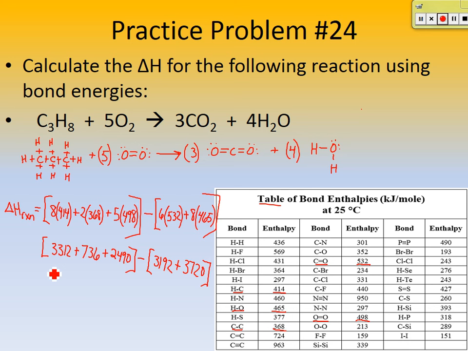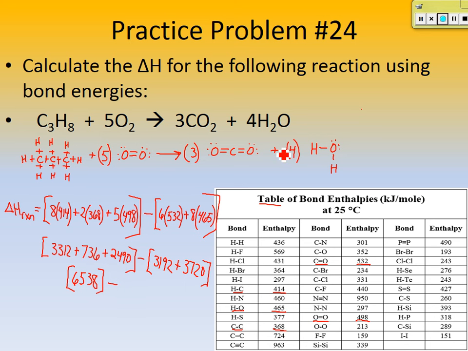Okay, now let's simplify it. What's in these brackets now? So 3312 plus 736 plus 2490. So 6538 is how much energy must be absorbed in order to break all of these bonds. 6,538 kilojoules of energy must be absorbed.